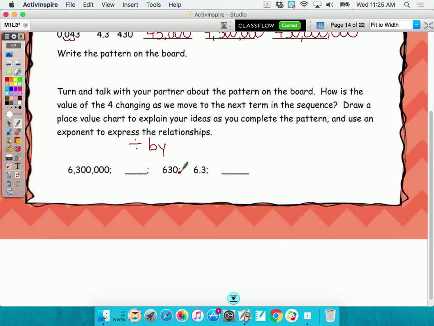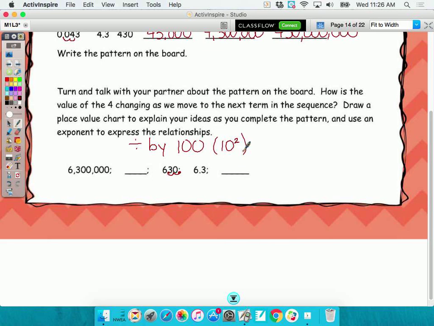Okay, how far left did it move to end up between the 6 and the 3? Everybody hop it. How many place values did I move it? 2. So it's divide by what? 100. Or 10 to the 2.